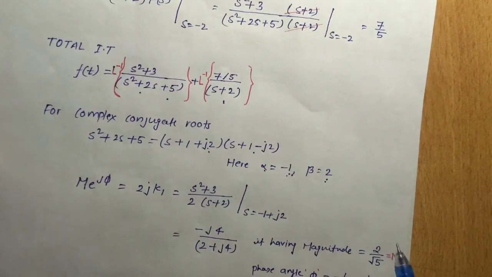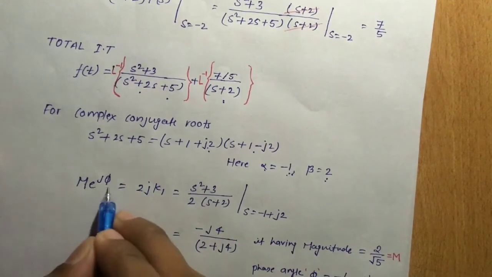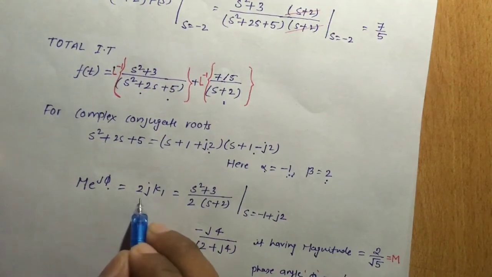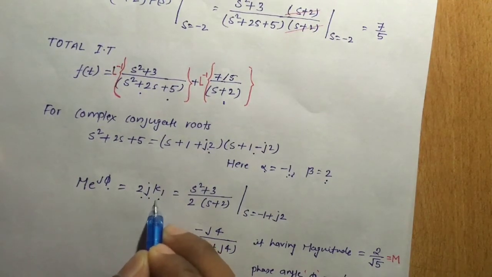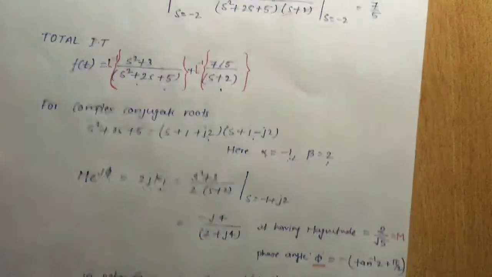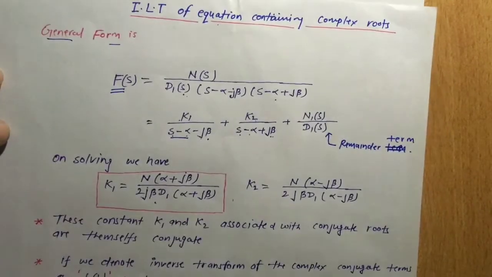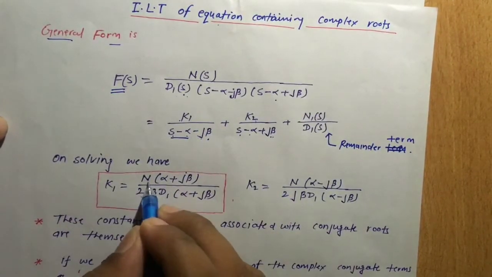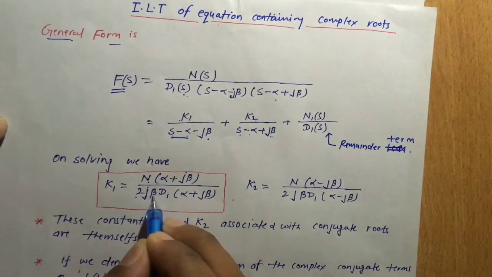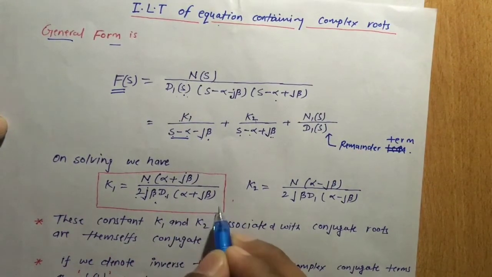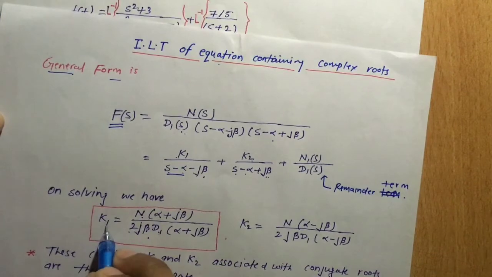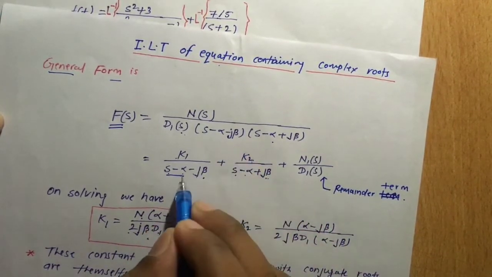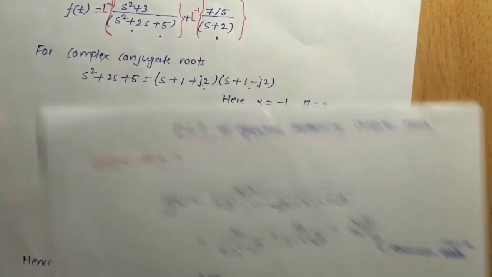Now we have to find M e to the power j phi, that is 2j into K1. K1 was defined earlier here: K1 is N(s) by 2j beta into D1(s), where s equals the first root, alpha plus j beta.